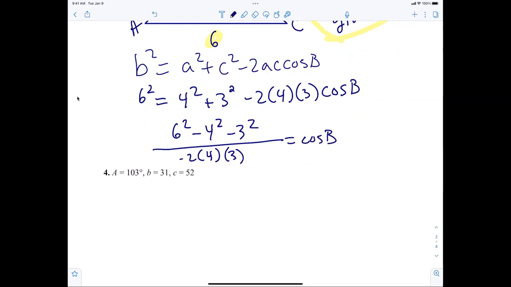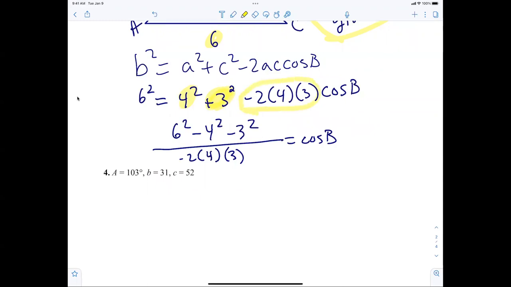Everybody see how I solved for cosine B? I moved this over. Does everybody agree? Then I had to divide by this entire quantity.